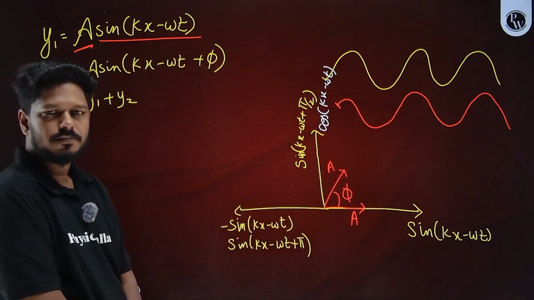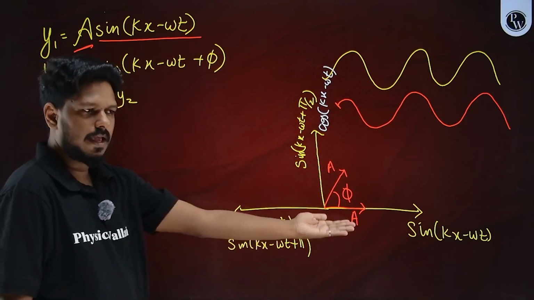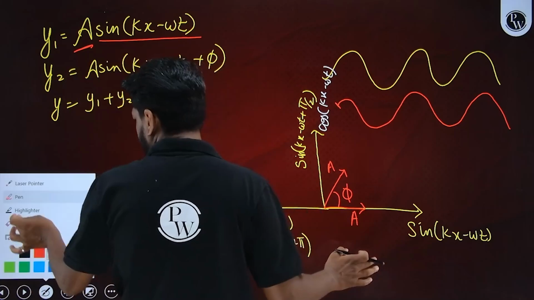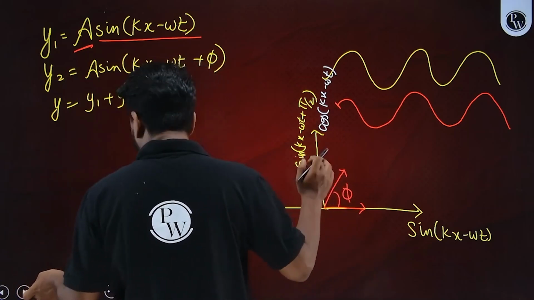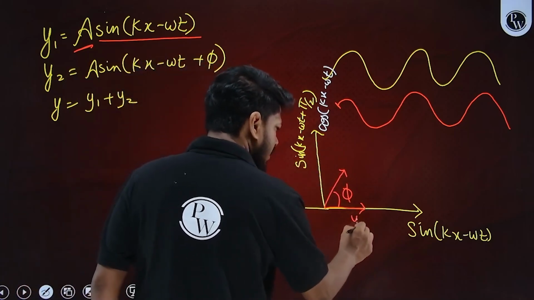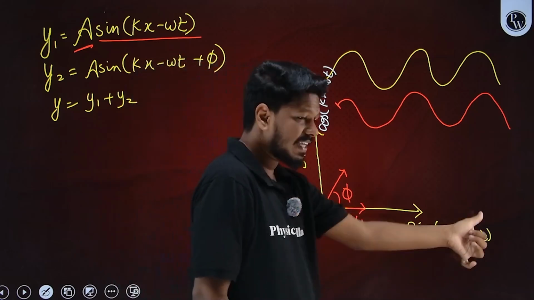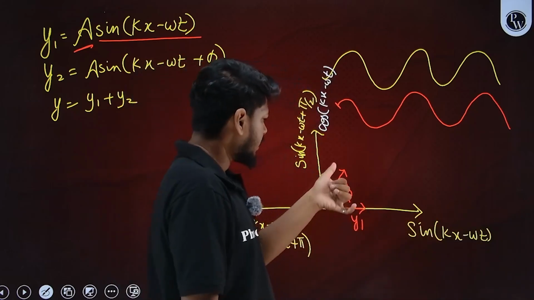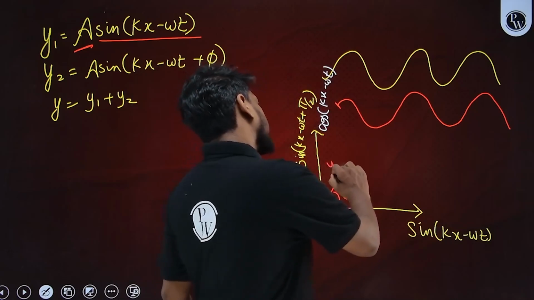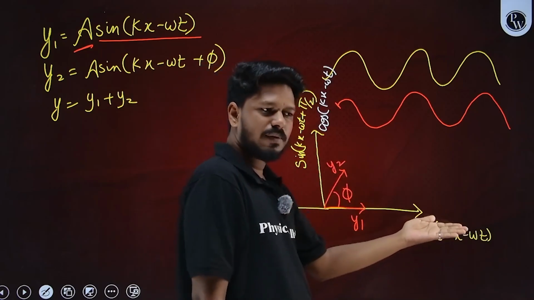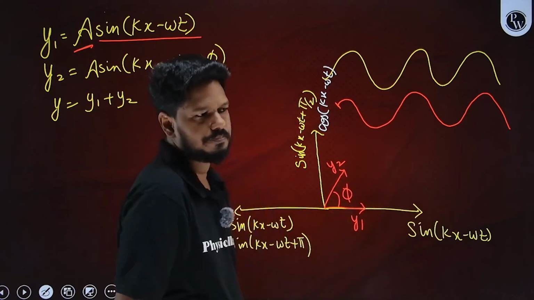So this is y1, which has an amplitude of A and direction of sine of kx minus omega t. This vector is y2. It has magnitude of A and direction of sine of kx minus omega t plus phi.